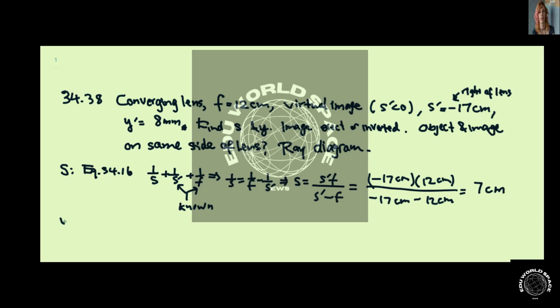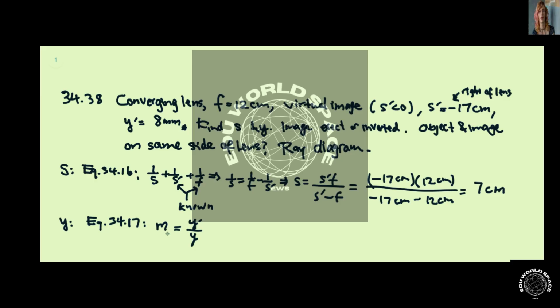Now we need to find the height of the object. So we can use equation 34.17. There we have a new quantity: magnification is equal to the image height over the object height.